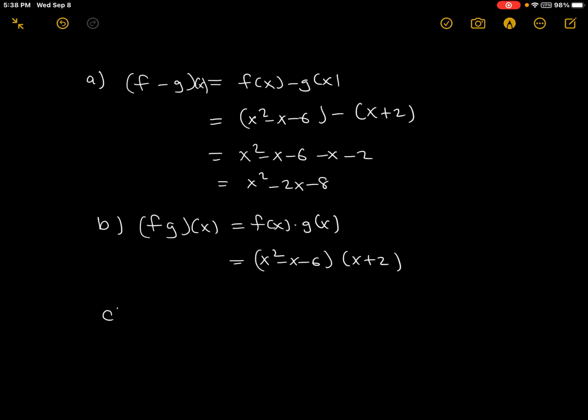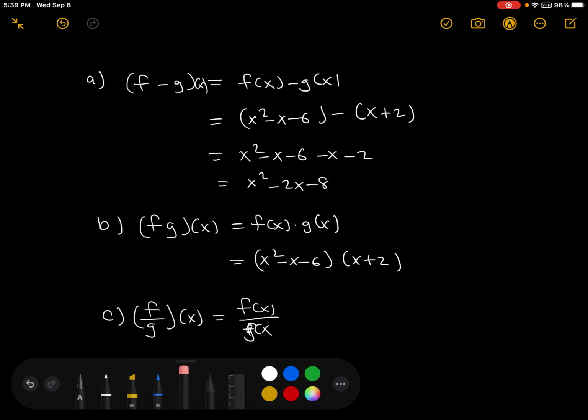And then last but not least, we're asked to find out what f divided by g of x is. Okay, so again, the alternative notation is just this, f of x over g of x. f of x divided by g of x.